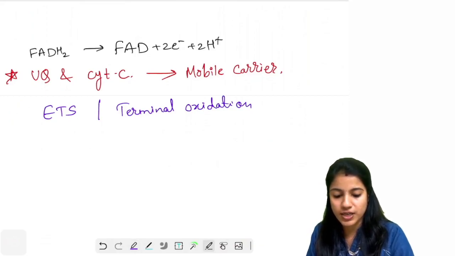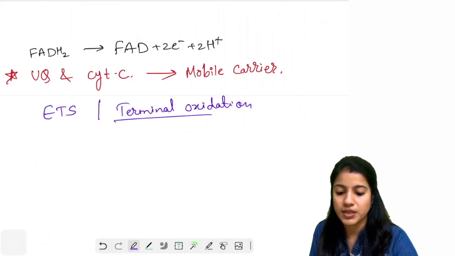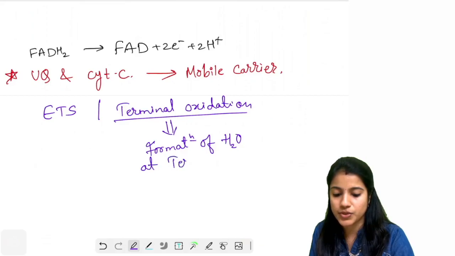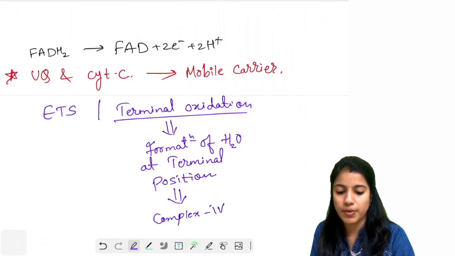Electron transport system means electrons are getting transported through different complexes. Terminal oxidation results in the formation of a water molecule at the terminal position. So that is on which complex? Complex 4. These are things we need to remember on complex 4.